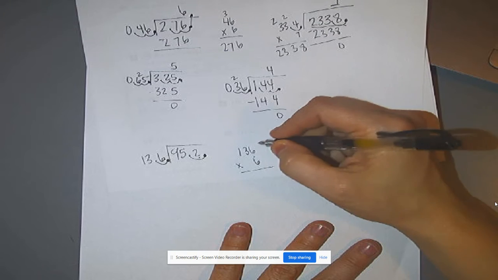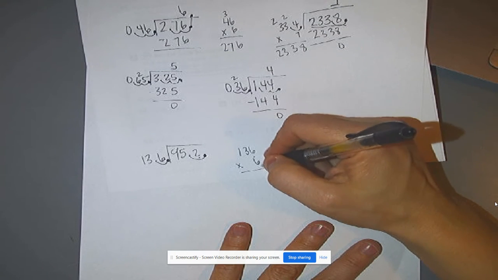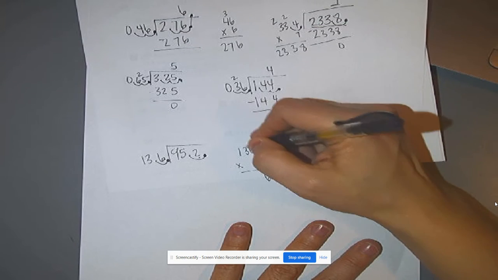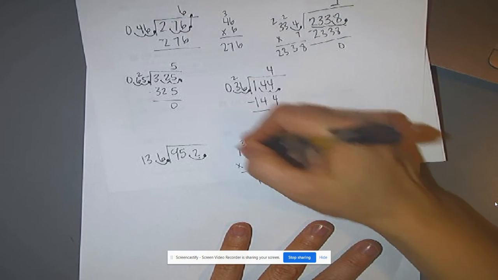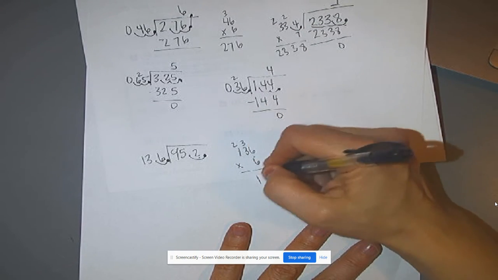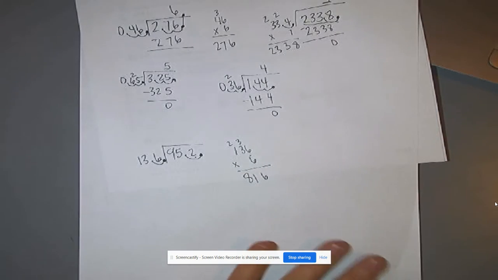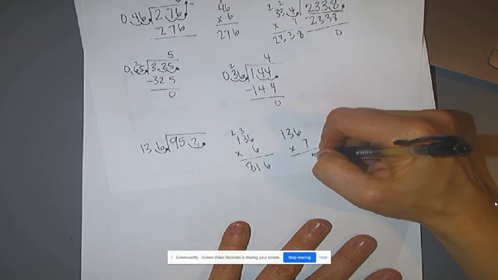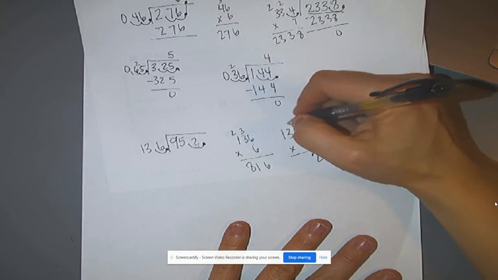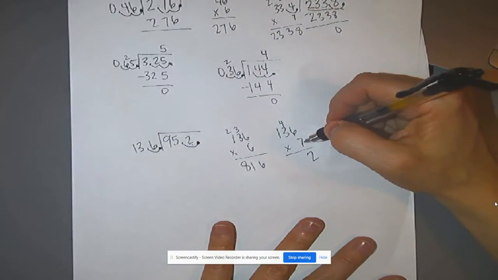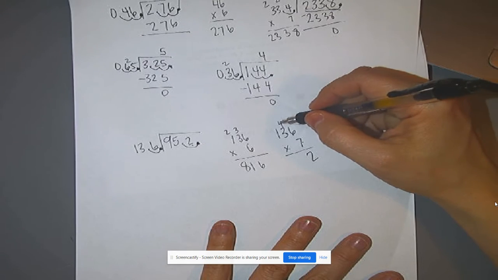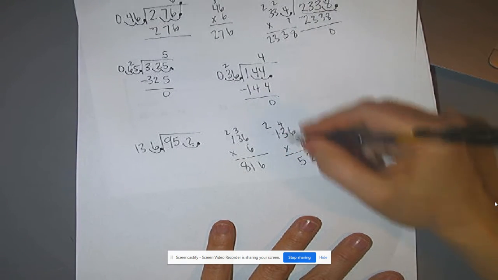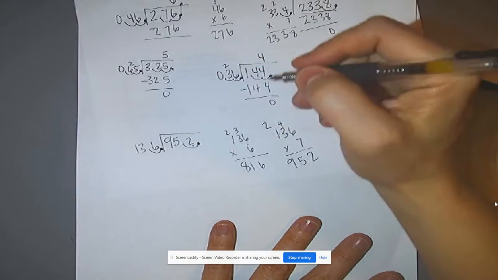Nope, that's going to give us 36. Let's just do this out, and then we'll see. Whoa, no, we could go even further. I bet we can do 7, and yep, that would probably be it. 7 times 3 is 21, plus 4 is 25. 7 times 1 is 7, and looky there.